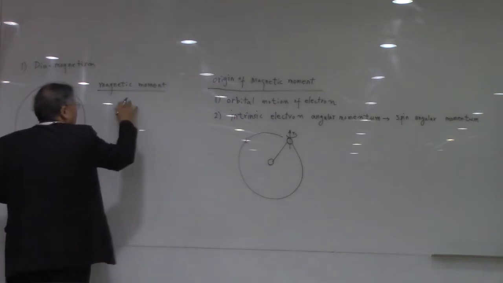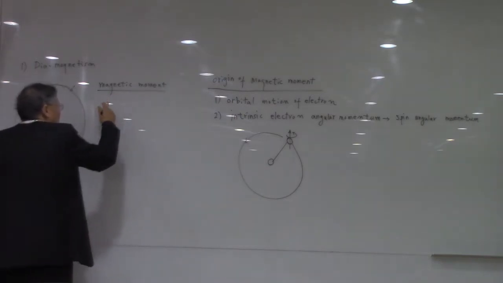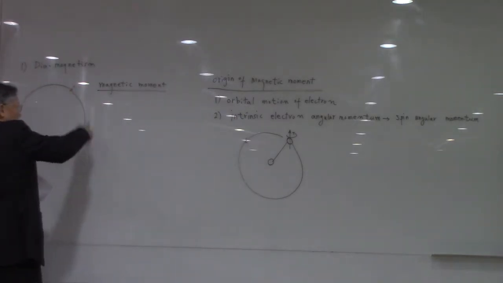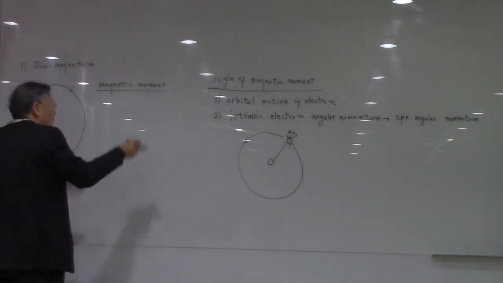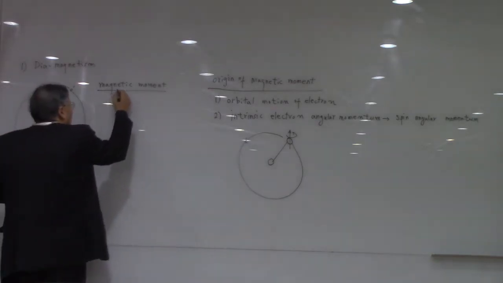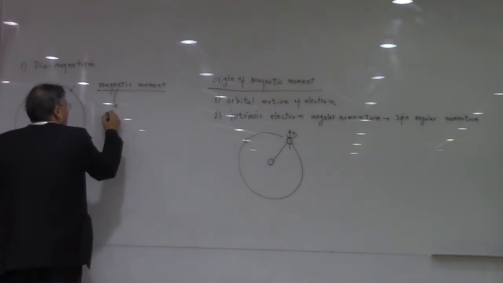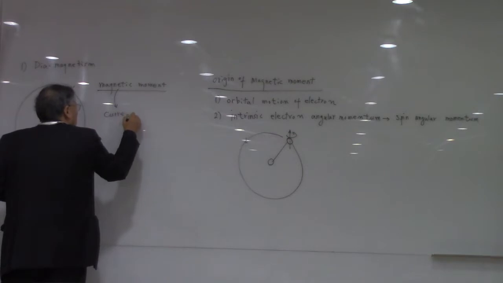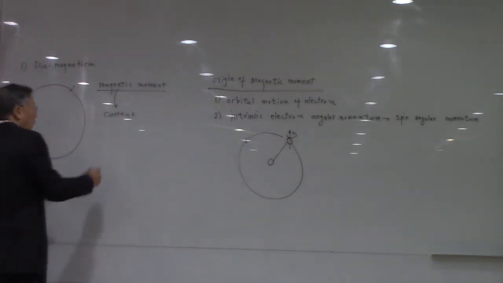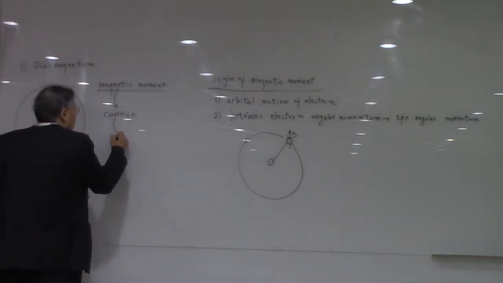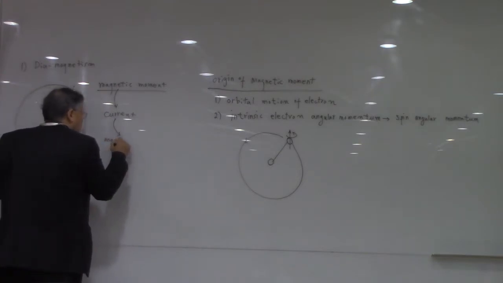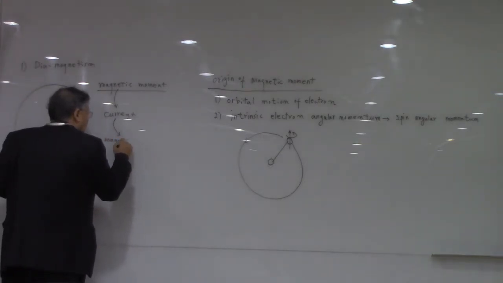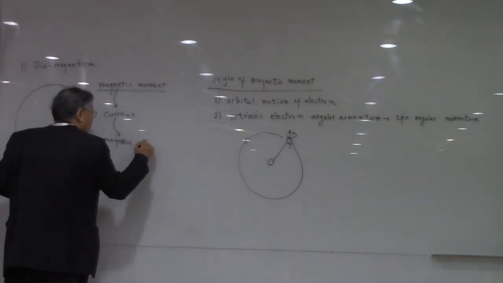And this magnetic moment, which comes from this inherent electron orbiting action, will give rise to the current, okay? And then again, this current will give rise to the magnetic moment.